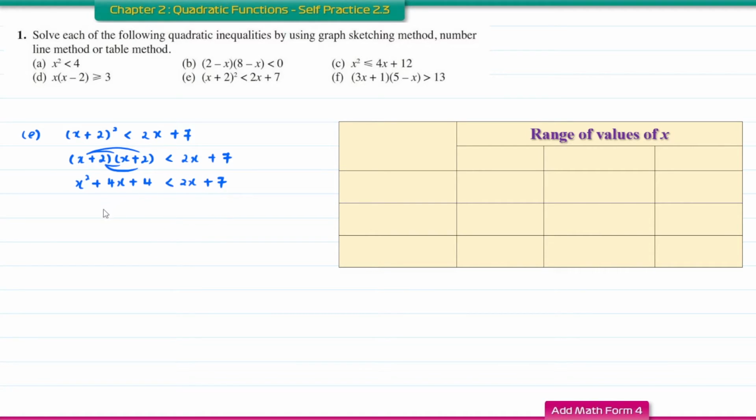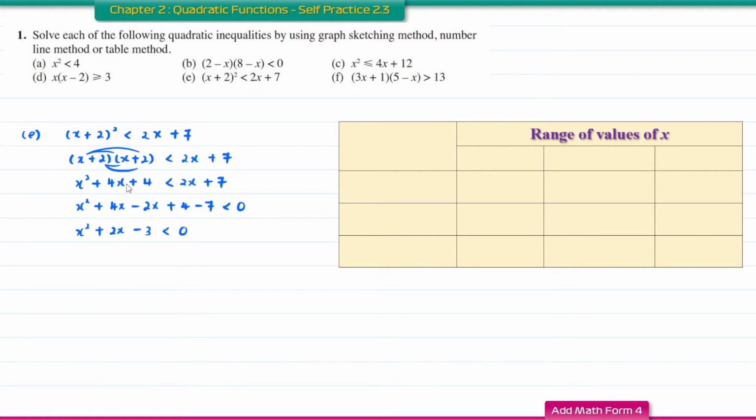Then we're going to move everything to the left hand side: x squared + 4x - 2x + 4 - 7 less than 0. So we're going to solve for the like terms here: x squared + 2x - 3 less than 0.